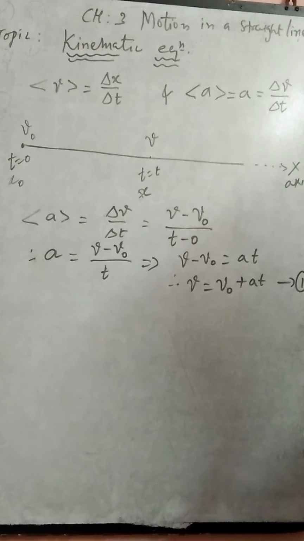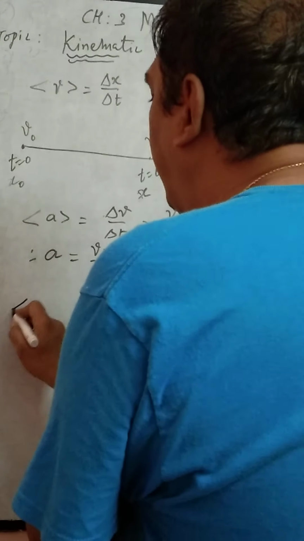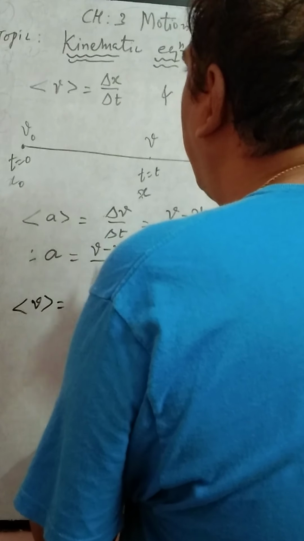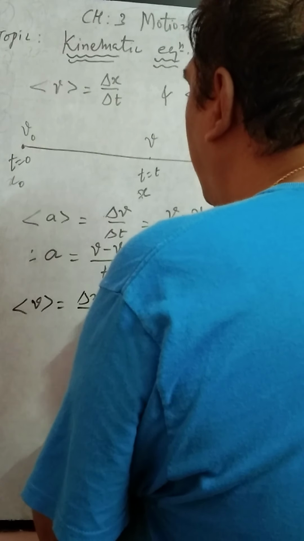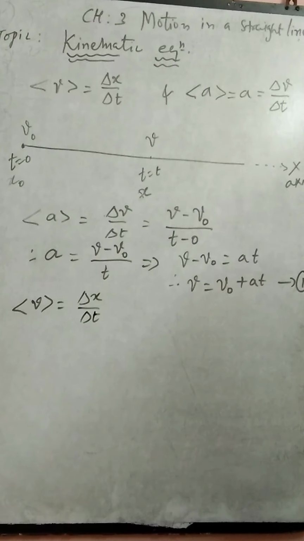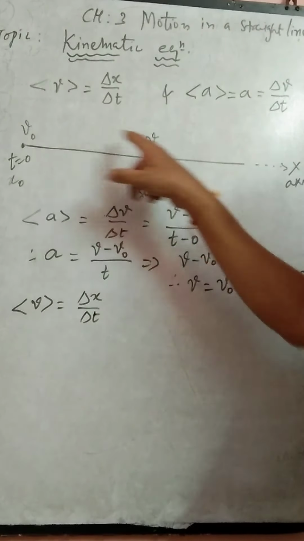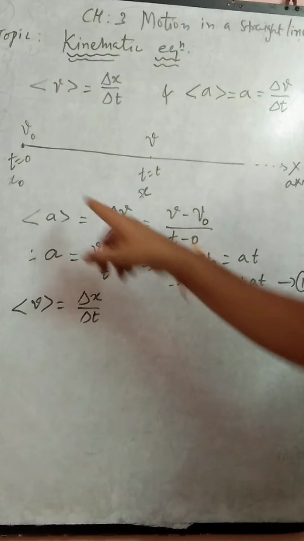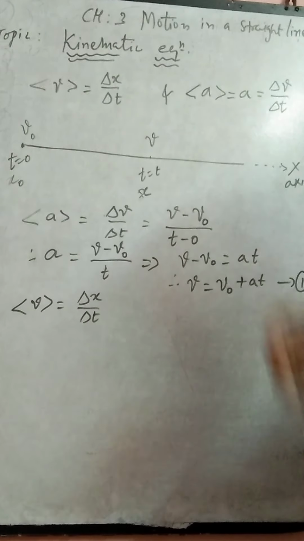Now let us use the second expression, average v is equal to delta x by delta t. Here velocity is changing from v0 to v, and position is also varying from x0 to x.